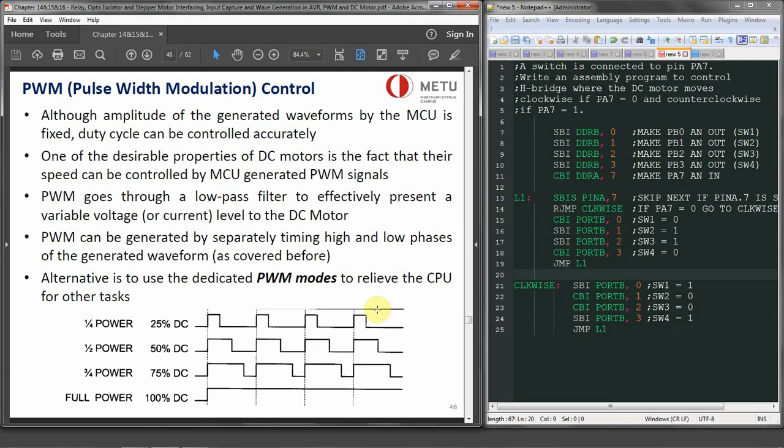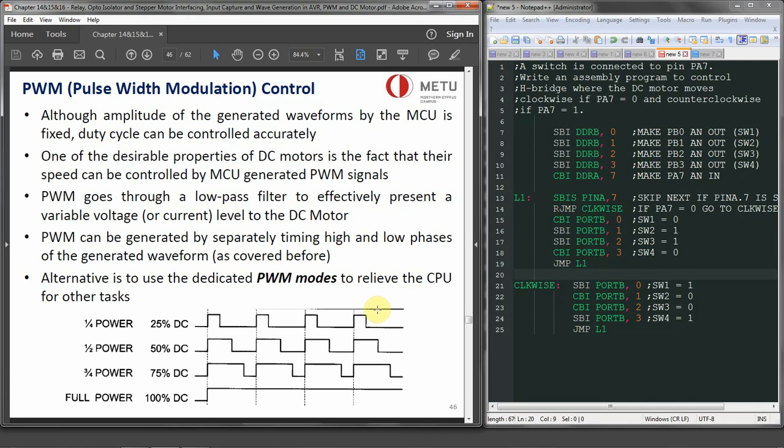Now, the next thing that we are going to consider is pulse width modulation. It's all related to DC motors, but before we get into it: the speed of the motor depends on three factors, the load, the voltage, and the current.